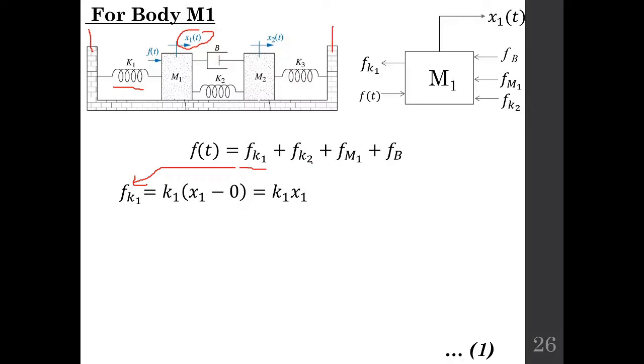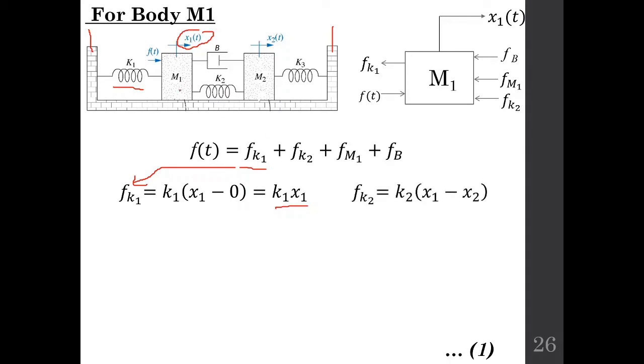This is also our zero reference point, because the displacements for these two walls are not given, so we'll consider that they are 0 here. So f of k1 is equal to k1 into x1 minus 0, and it will simply be equal to k1 x1. Since we are dealing with body m1, we'll always consider that x1 is greater than x2.